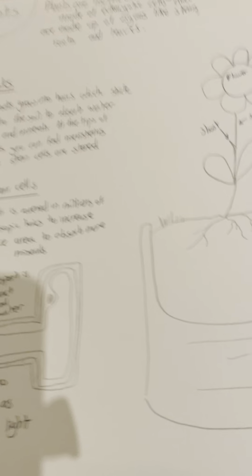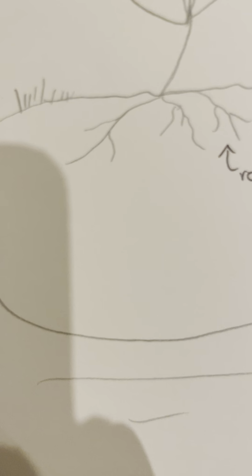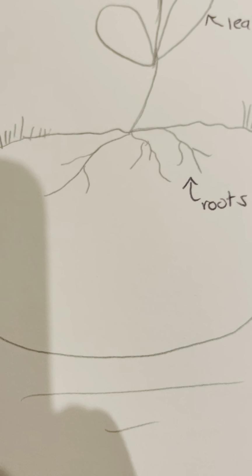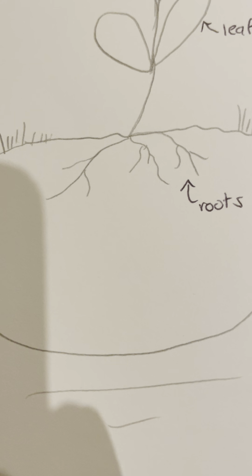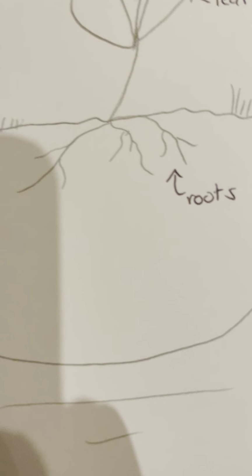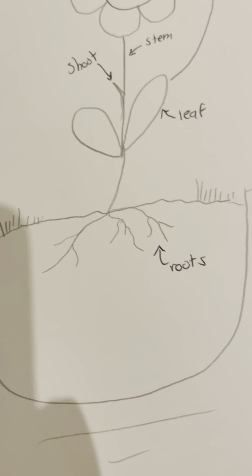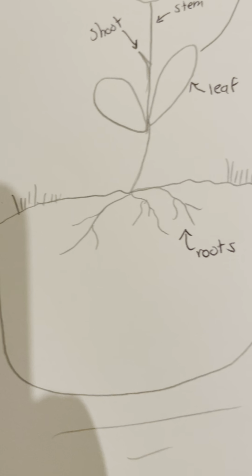Your roots will be in the ground, in the soil, and they have little microscopic hairs at the end of them to absorb water and minerals. And you will also find the meristems at the end of those for the stem cells. In the cells video, we went over what stem cells are.